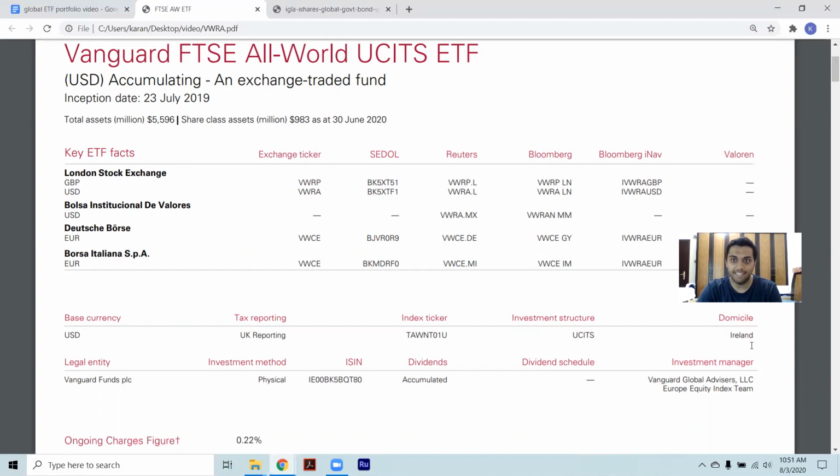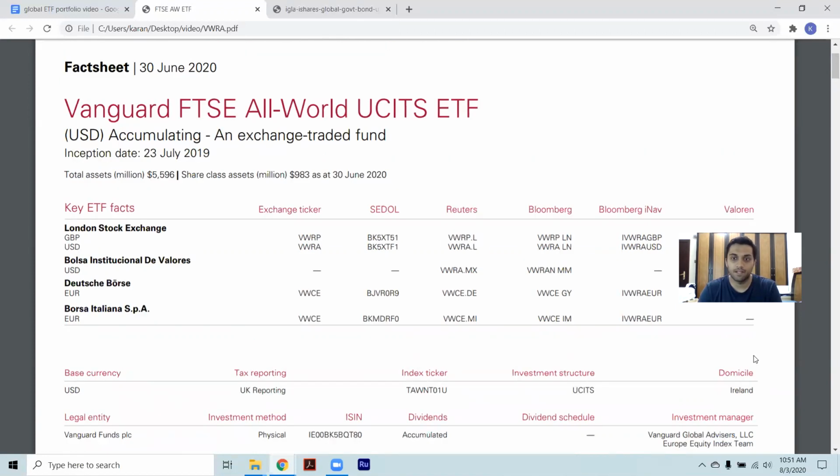Also, if an ETF is distributing its dividend income, it is taxed at a lower rate if the domicile is in Ireland. This is to the benefit of non-Americans investing in an all-world globally diversified ETF. If you aren't sure what exactly estate taxes are, I have another video that I've put up earlier. You could refer to that, and that clearly explains what estate taxes are and how they could impact you as a non-American.